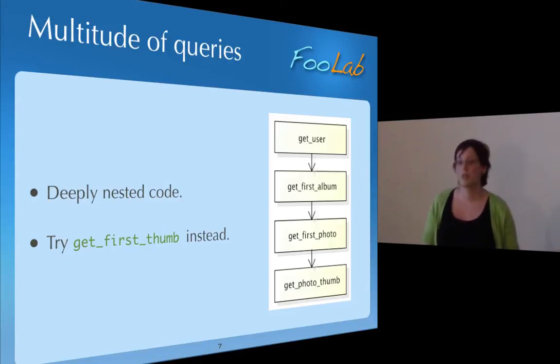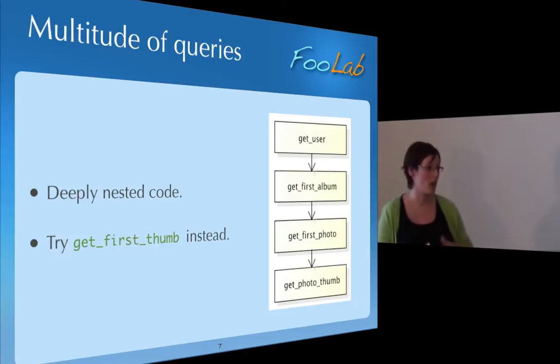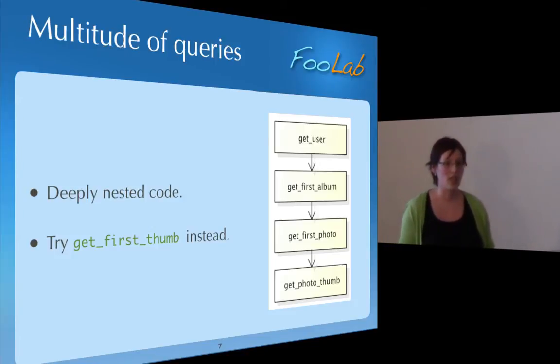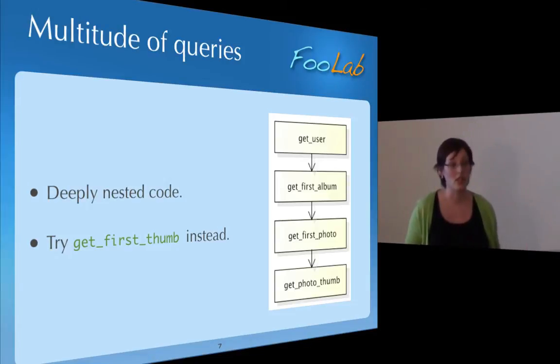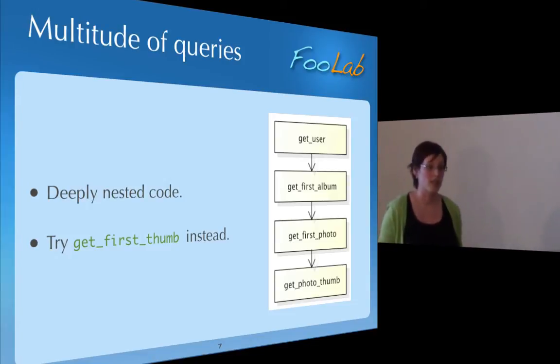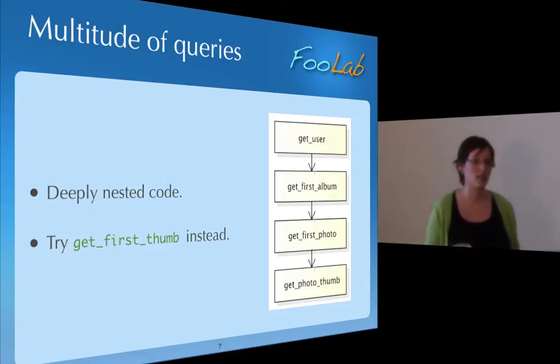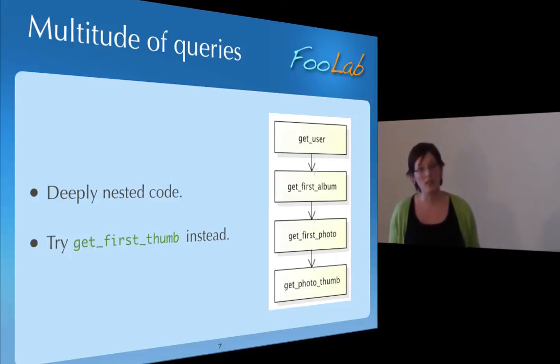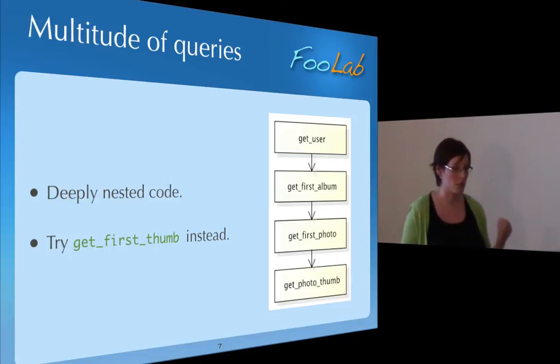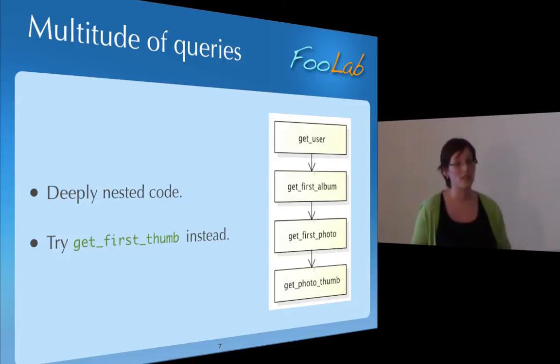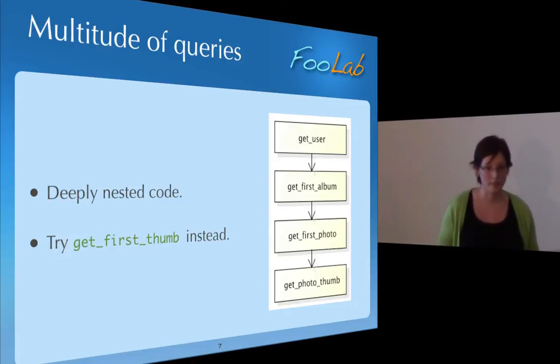This is an example for if you have albums and pictures: you get the user, and then for that user you get the first album. For the first album you get the first photo, and then you get its thumbnail. So instead of that, you could have used one function, which is much more specific, such as get first thumb, and then you query only once.